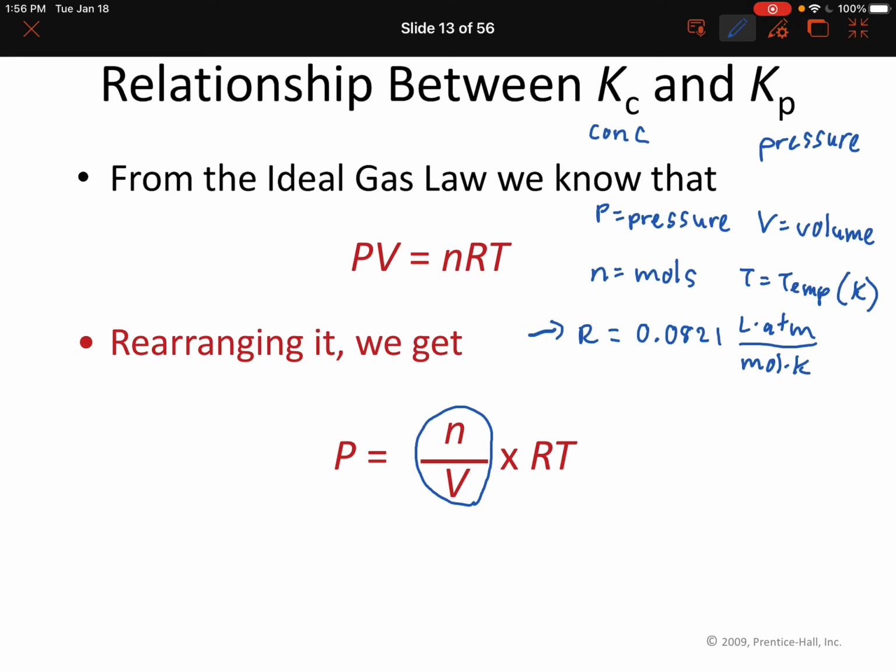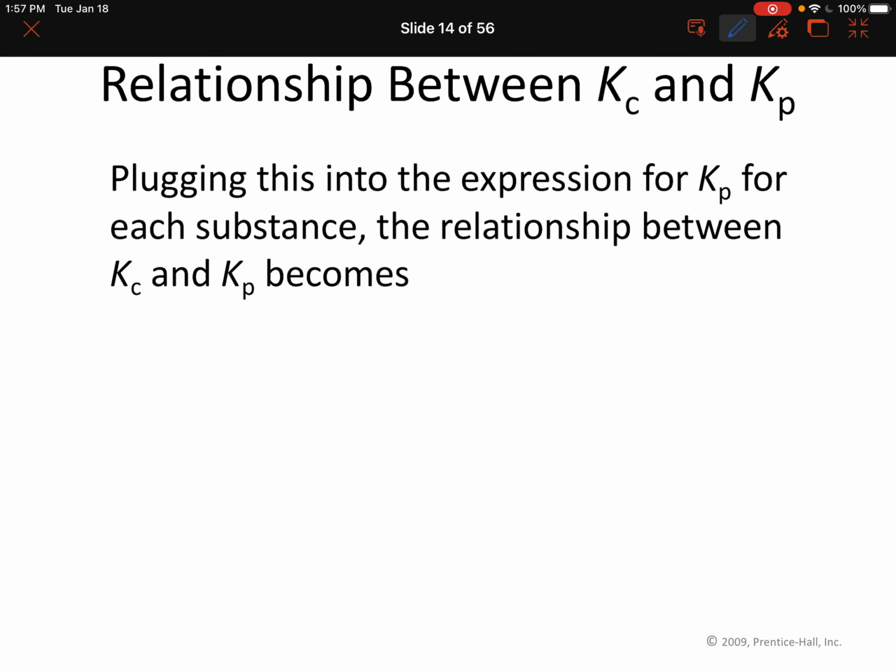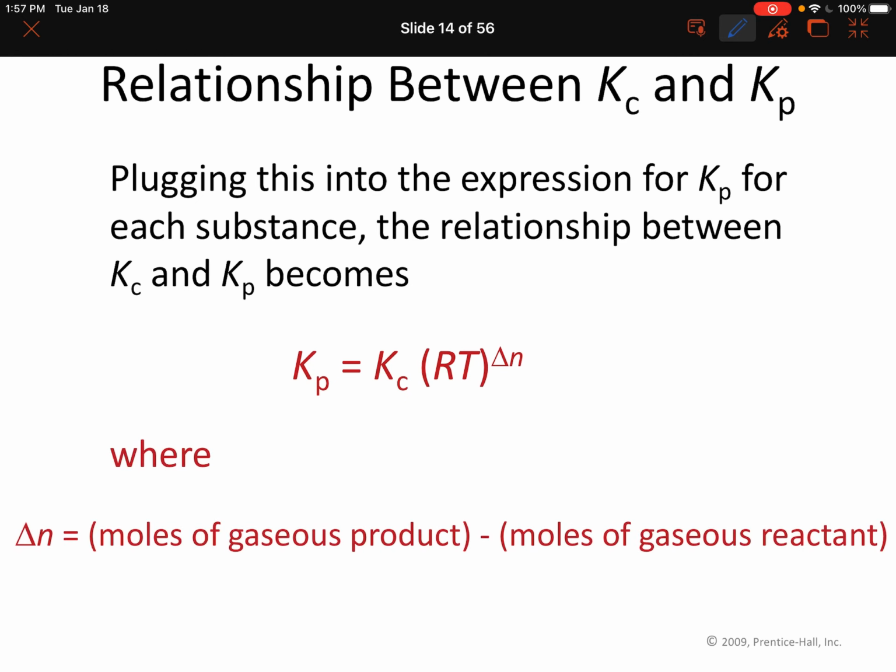So if we rearrange PV equals nRT, n over V can be grouped together, and that's essentially moles per liter, which is molarity, right? So what we get here is essentially an interconversion between pressure and molarity, and we achieve it by multiplying by RT. So each time we have a molarity and we need to change it to a pressure or vice versa, we multiply by RT.